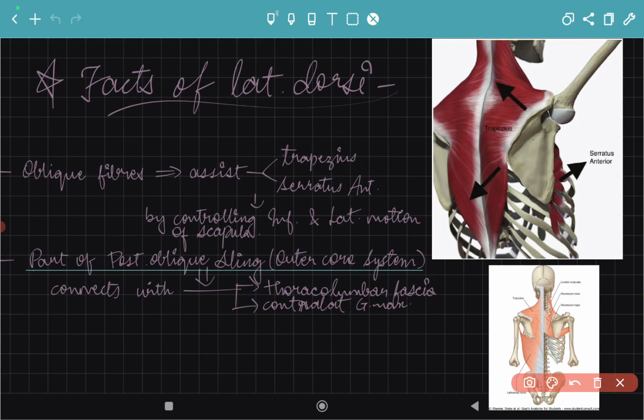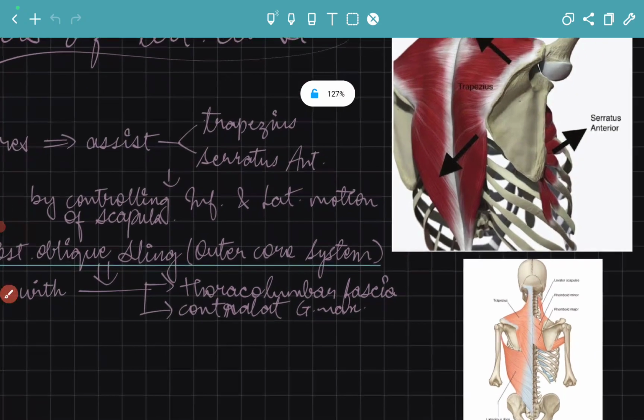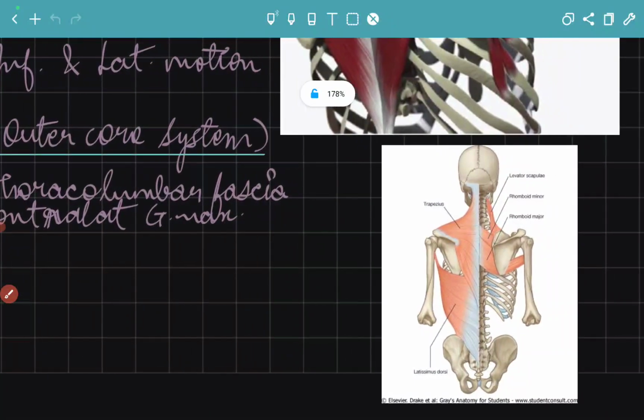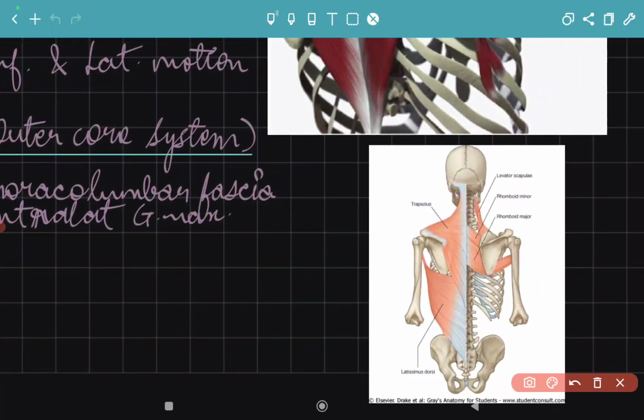Apart from this, there is one more thing: the latissimus dorsi forms part of the posterior oblique myofascial sling, which is the outer core system. We will see it in detail. What it does, it connects with the thoracolumbar fascia as well as the opposite side gluteus maximus.